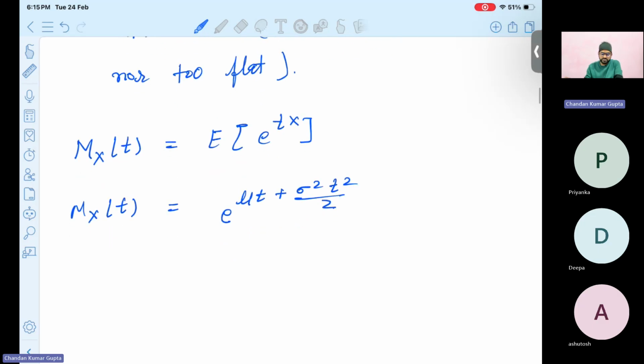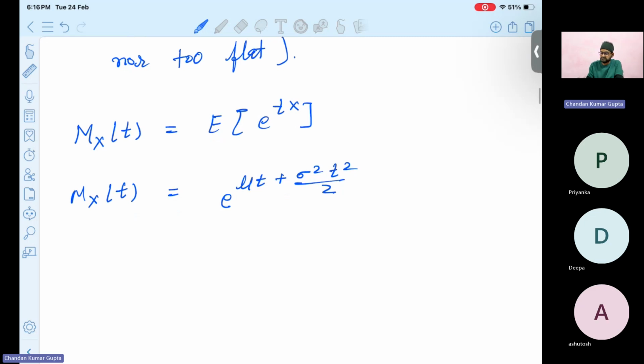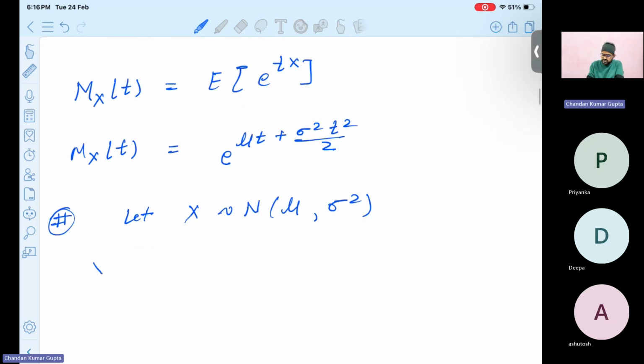Okay, there are some properties of the normal distribution. The first one is, suppose X follows normal distribution with parameters mu and sigma square, then we transform it to a random variable Y, which is aX plus b.